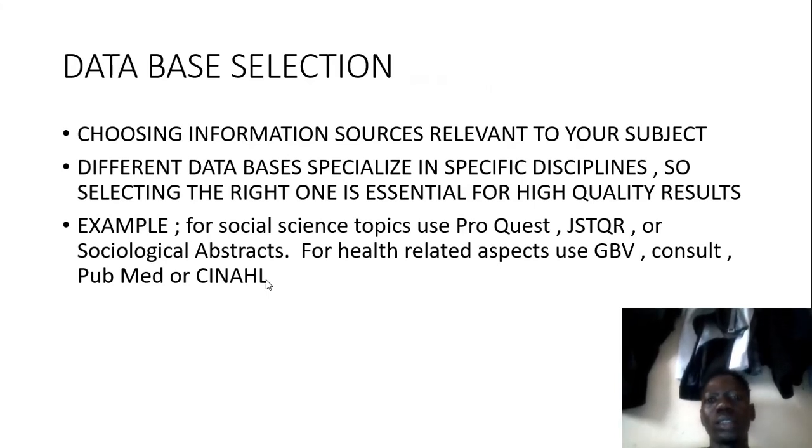These are databases that are really relevant to the subjects you're looking for. So before just going into anything, you have to be sure the information source is relevant to your subject, especially for high quality results, not bringing around blunders, where something is mixed up with something else.